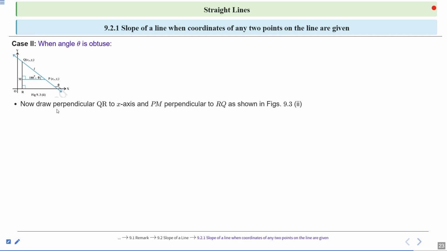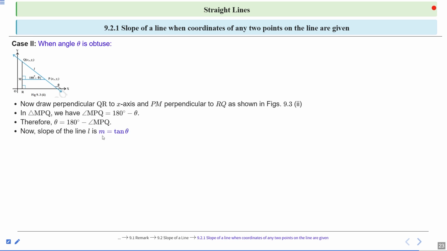We draw perpendicular QR to the x-axis and PM perpendicular to RQ, as shown in figure 9.32. In triangle MPQ, angle MPQ is 180 degree minus theta. Therefore theta is equal to 180 degree minus angle MPQ.